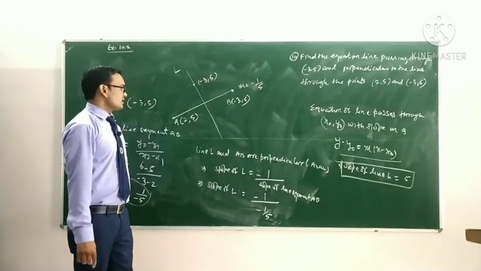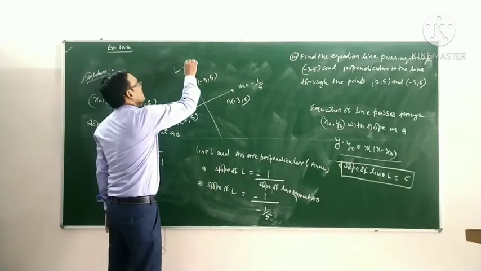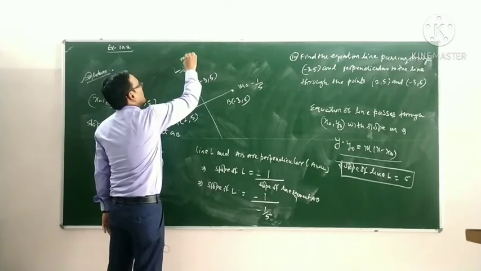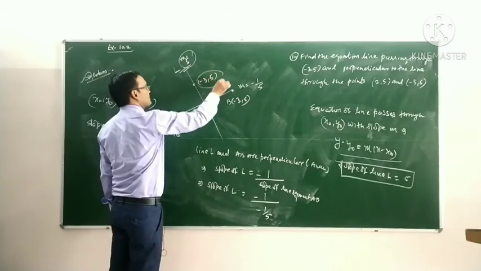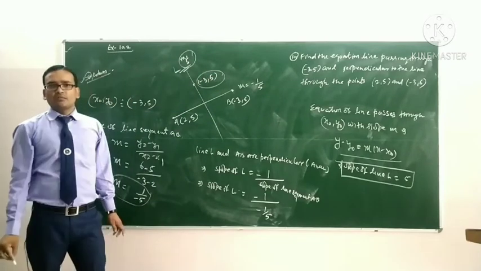Okay students, here the slope of line L is 5 and it passes through the point minus 3 comma 5.